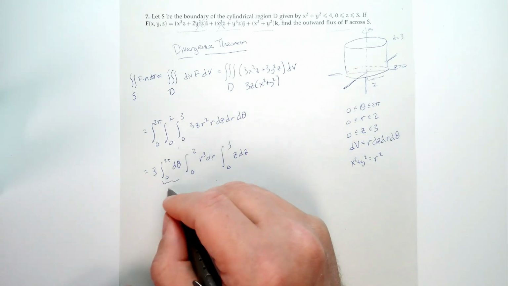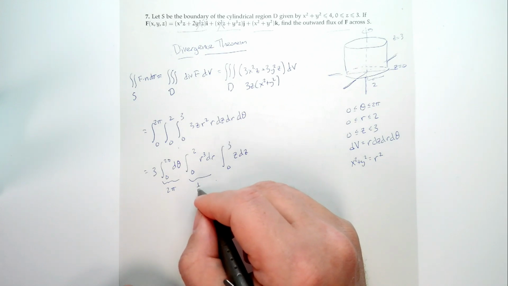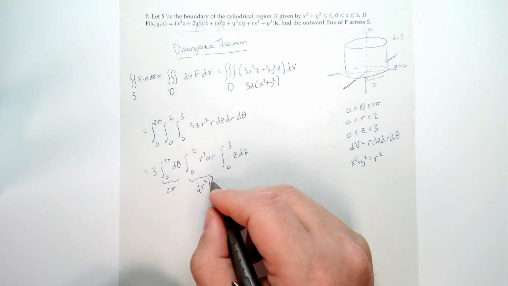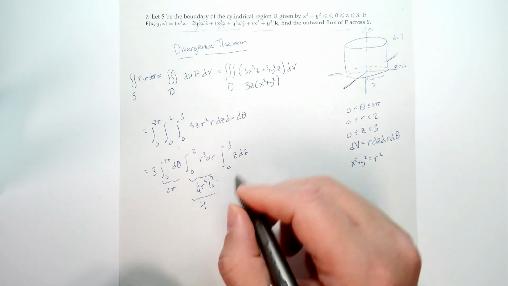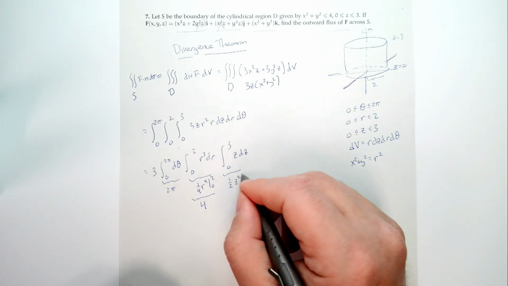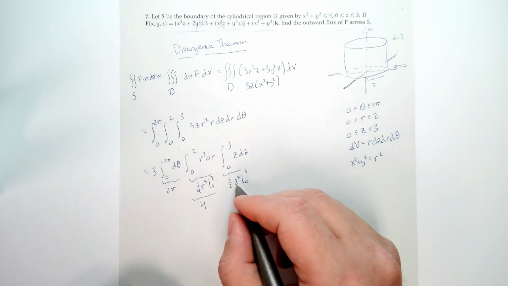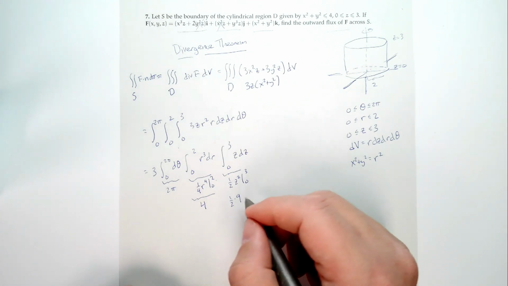So the first integral, that's easy, 2 pi. Second integral, well, that's 1/4 r to the 4th from 0 to 2. And if you plug in 2, 2 to the 4th is 16, times the 1/4, leaves us with 4. Here we're going to get a half z squared from 0 to 3, which, plug in 3, you get 1/2 times 9. And if you plug in 0, you get 0.